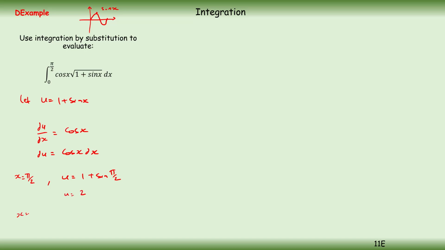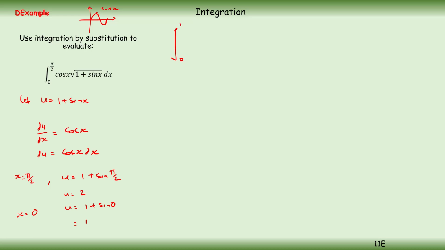And when x is equal to 0, u is equal to 1 plus sine of 0. Sine of 0 from our graph is 0, so u is equal to 1.